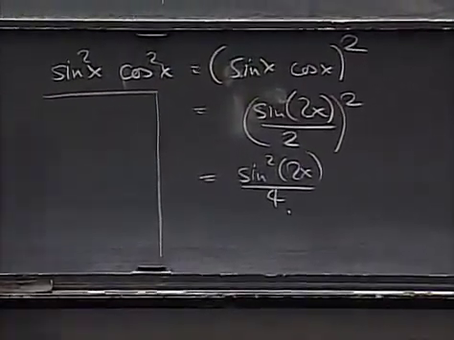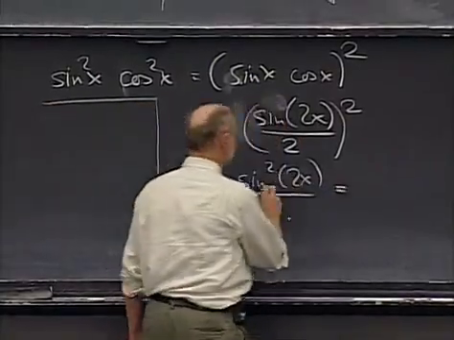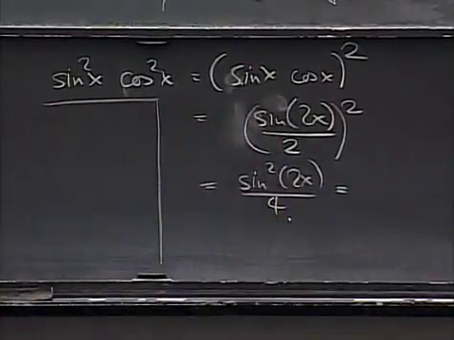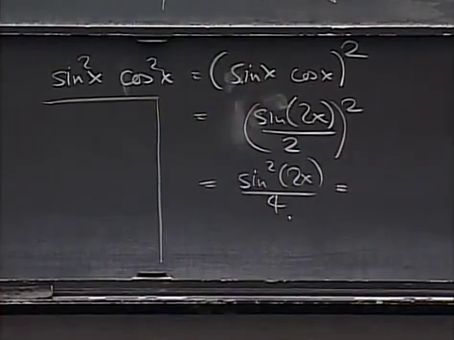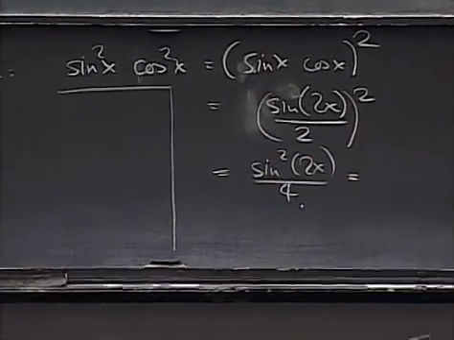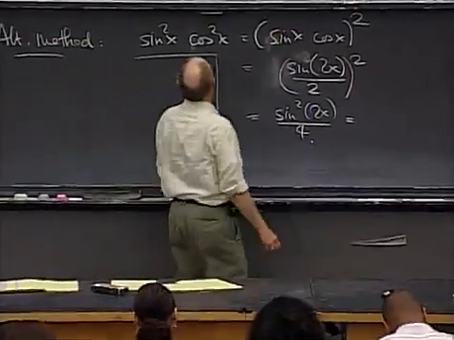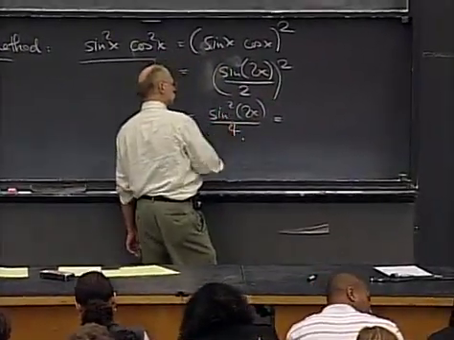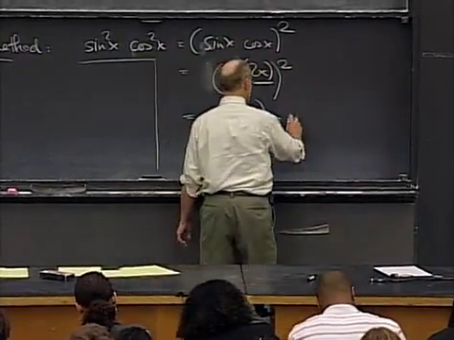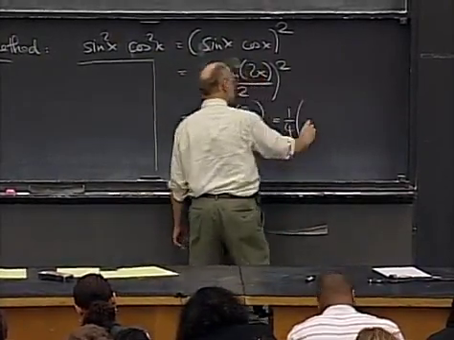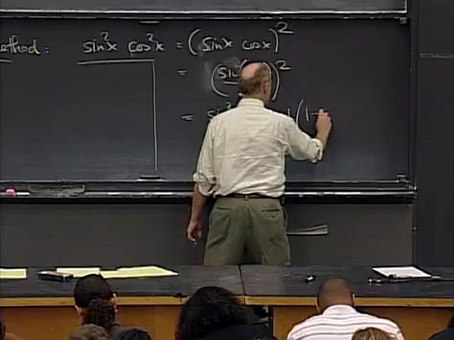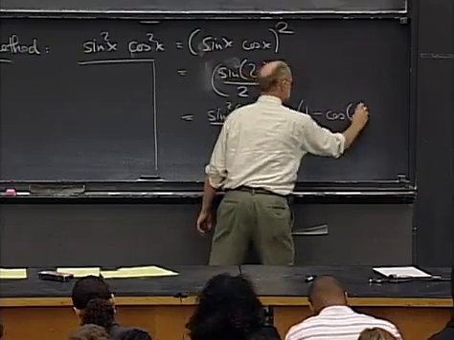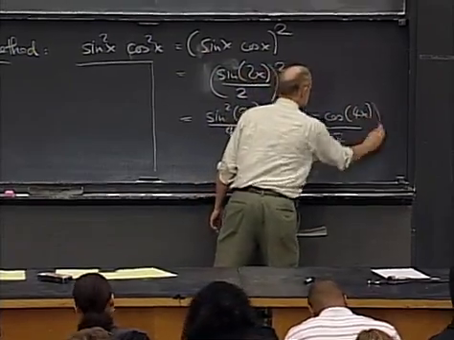Which is, well, I'm not too happy yet because I still have an even power. Remember, I'm trying to integrate this thing in the end. Even powers are bad. I try to get rid of them by using the half-angle formula. So I can apply that to the sine squared of 2x here again. I get 1/4 of (1 minus the cosine of 4x) divided by 2.